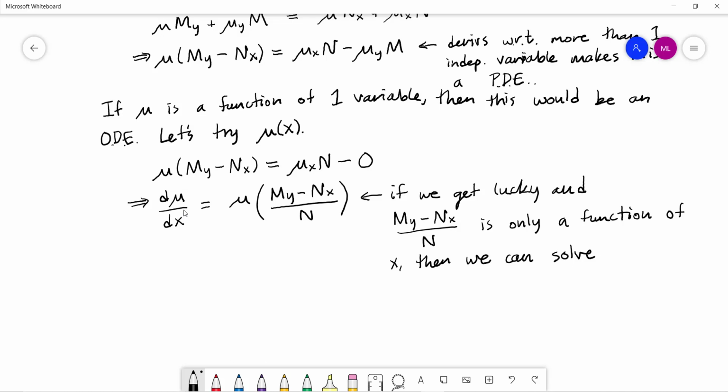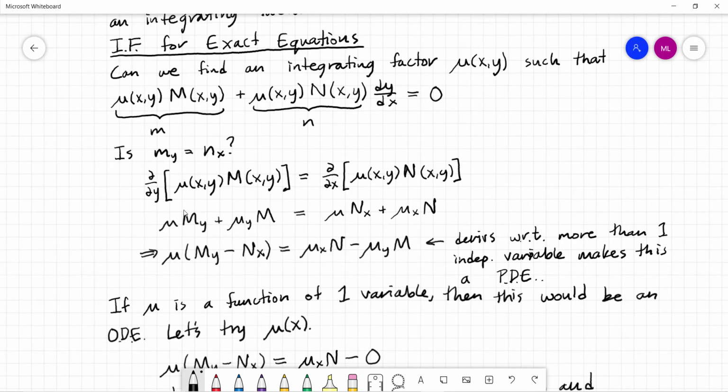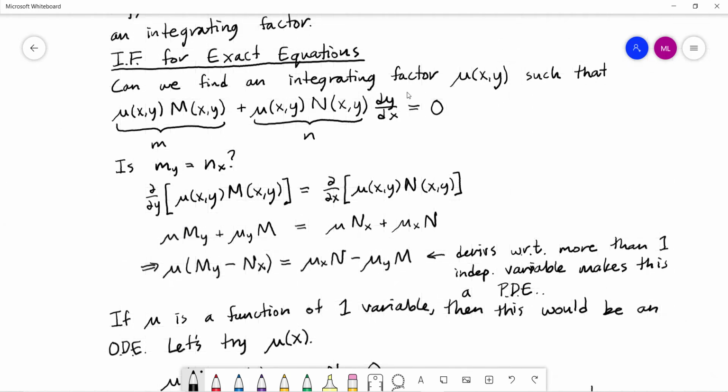Then we can solve the resulting linear first-order ODE for mu. And once we have that mu, we go apply it to the original equation, and then we still have to solve the original equation using the exact equation technique.